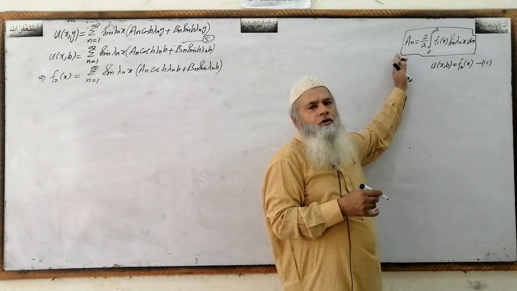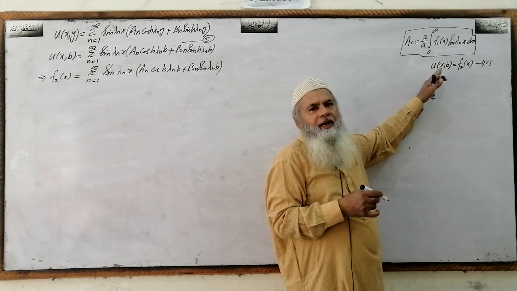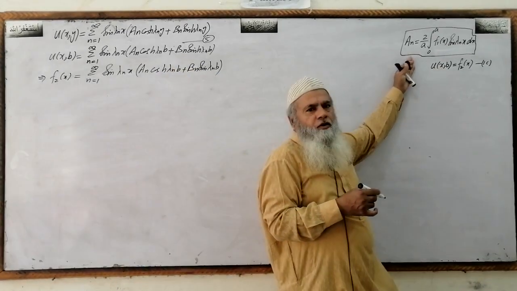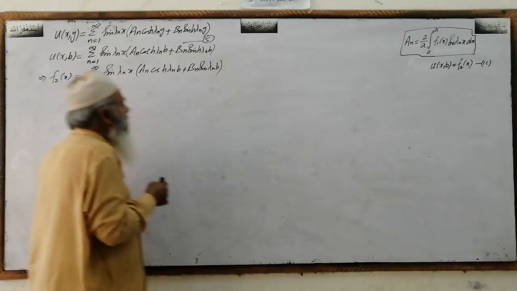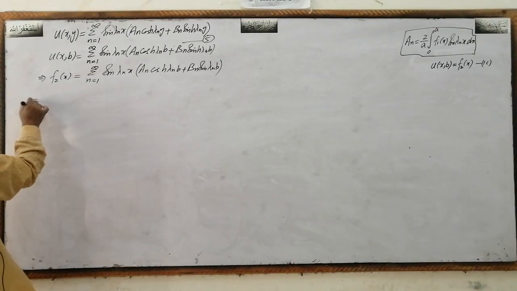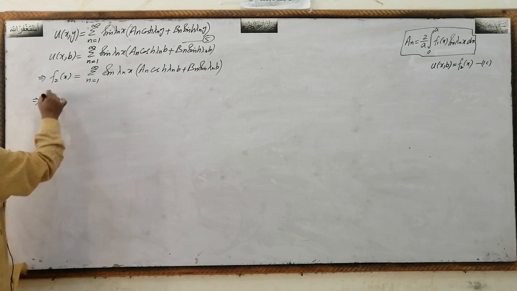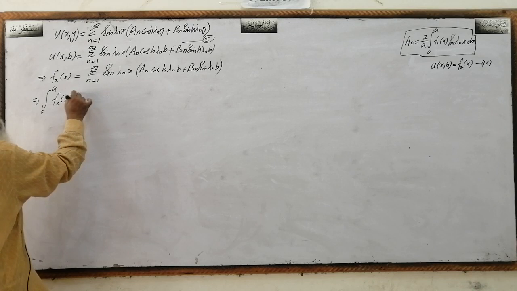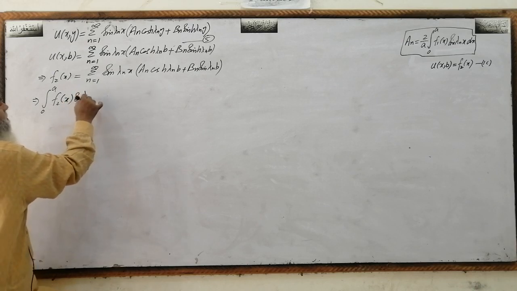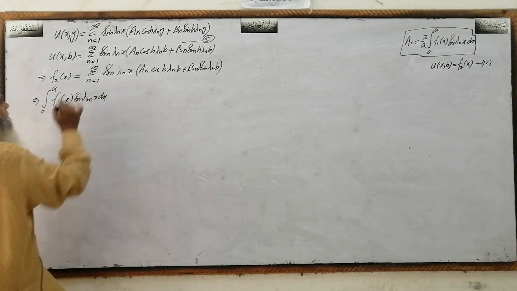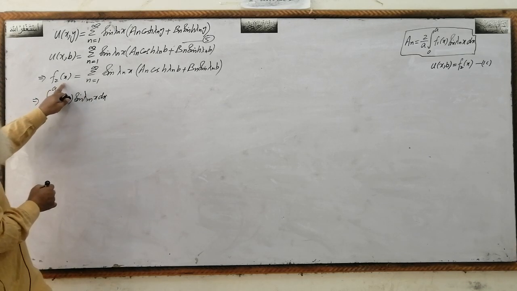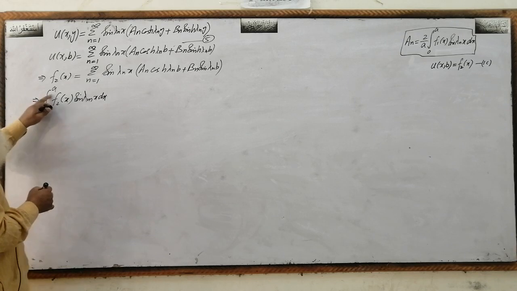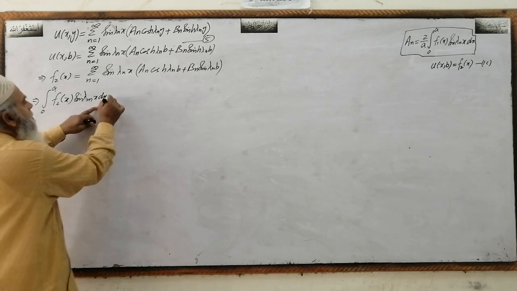We will multiply both sides by sine lambda m x and integrate from 0 to a, as we did in finding the value of constant an. Now we are going to repeat those steps. Integrate from 0 to a, multiplying f2(x) with sine lambda m x, means first of all multiply this function f2(x) by sine lambda m x and then integrate from 0 to a with respect to x.